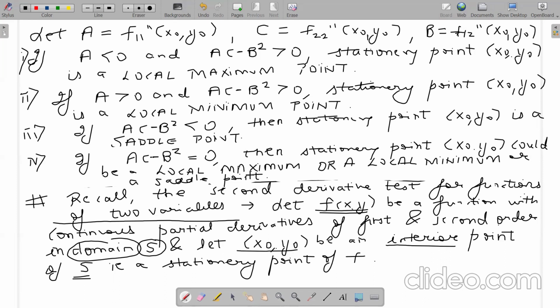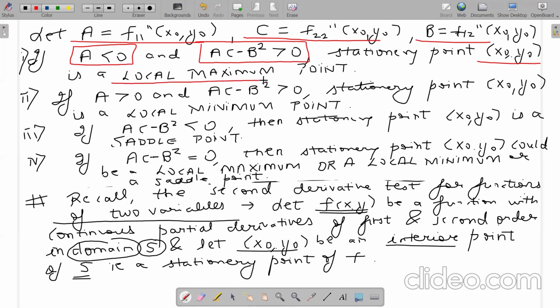Once you have obtained the stationary point x0, y0, to check whether it's a local max or a local min or a saddle point, we work out the second order partial derivatives, which are A, C, and B. And then we just look at the criteria. If A is negative and AC minus B square is positive, we conclude that the stationary point x0, y0 is a local maximum point.